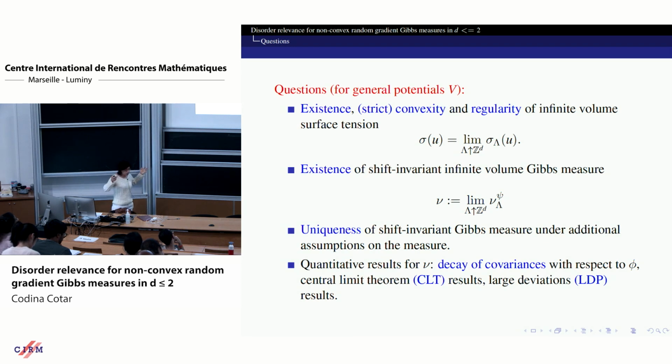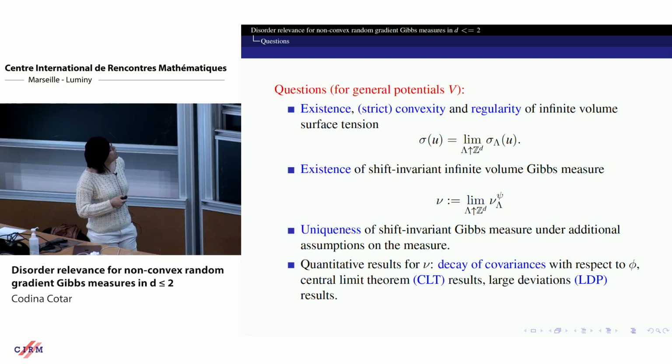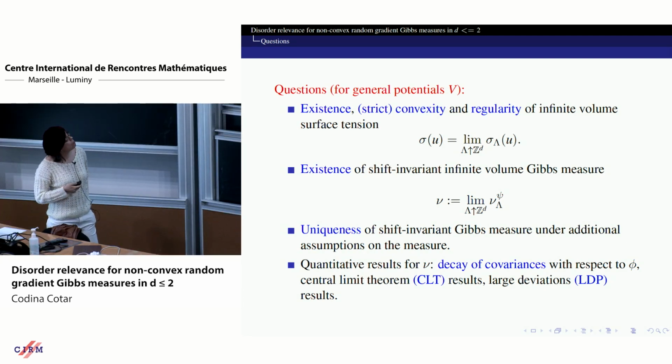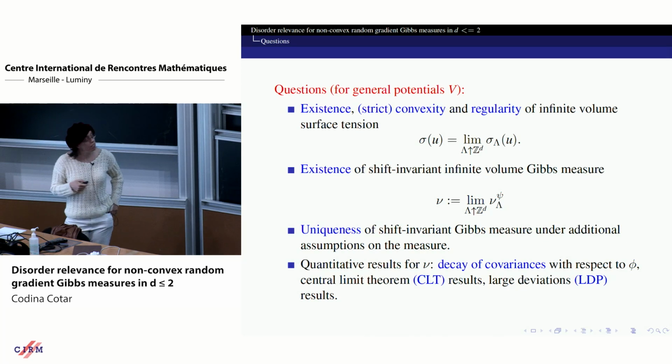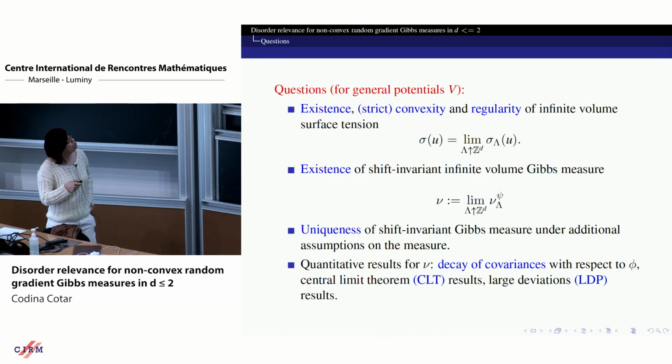Once you have a limit, you may want to know whether it is unique or if there are many such limits. Then there are other questions you may care about regarding this limiting Gibbs measure, such as the decay of covariances. You may want to care about scaling limits, large deviations, hydrodynamic limits. So there are a lot of questions that you may additionally ask, and the kind of results that we get depend on the kind of potentials that we have.